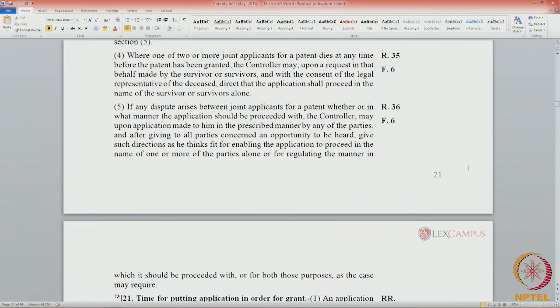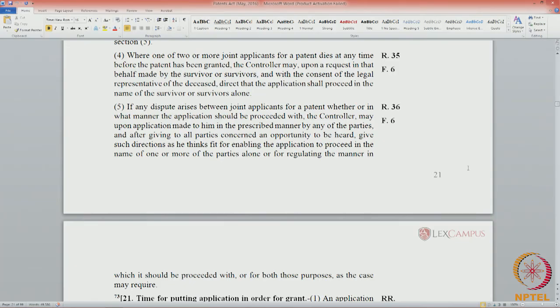Section 25 deals with disputes between joint applicants. So, in all the instances above, the joint applicants were not in dispute. A and B wanted to proceed after the death of C, C's representatives did not object, they gave consent, no problem. There is an agreement, all the parties have given consent, no problem.